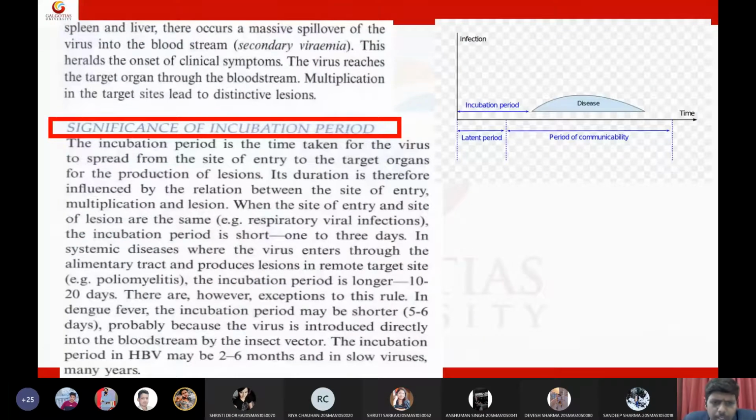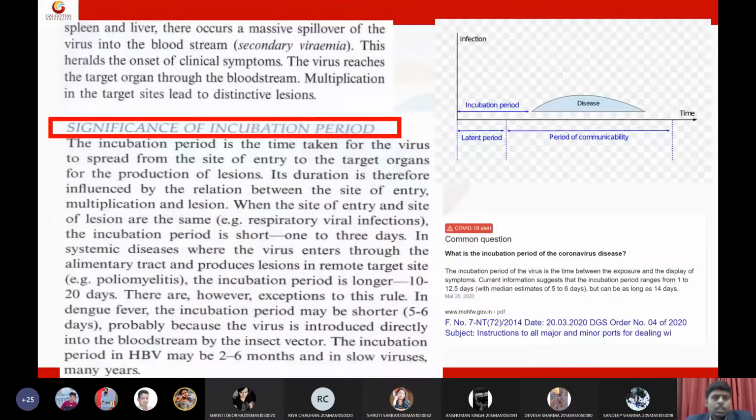Then incubation period, I already said, right? To establish a permanent infection in the target organ of the body, the virus requires some time, and the time taken for the virus to establish a disease is called the incubation period.